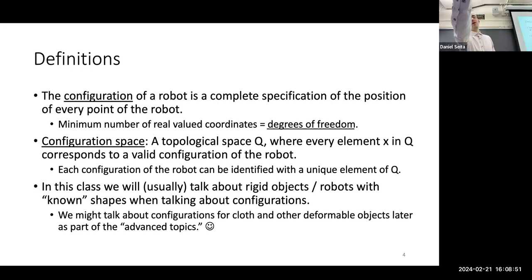Take a look at that jacket over there, for example. Can you describe that jacket with 2 points? You fix 2 points, but then you have other points of the jacket that move. That's a different element in the configuration space. So let's think about that, and we'll discuss it more near the end of the class.